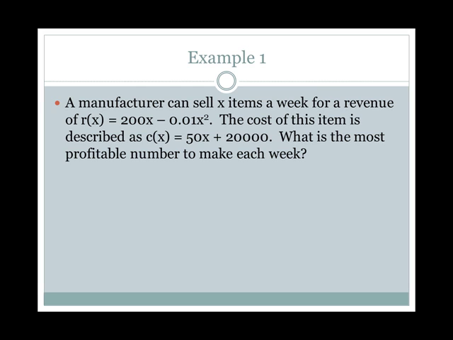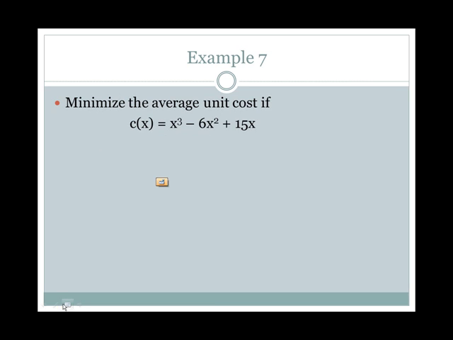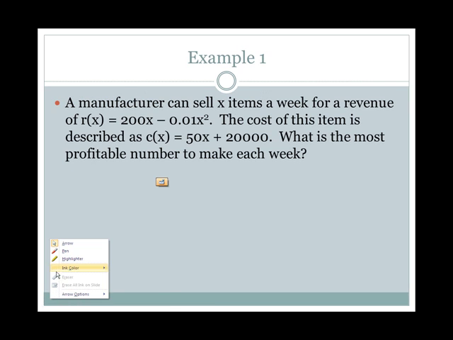We have that a manufacturer can sell and bring in a certain revenue. We have the cost. What's the most profitable? That is when we want our change in revenue to equal our change in cost. So the first thing we're going to do is take the derivative of our revenue, which is 200 minus 0.02x.